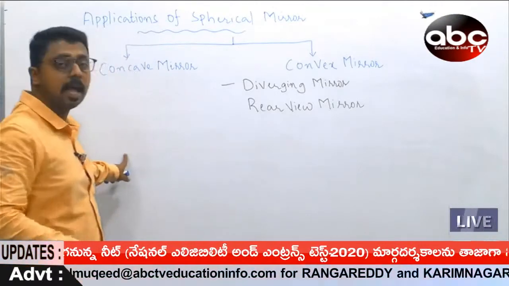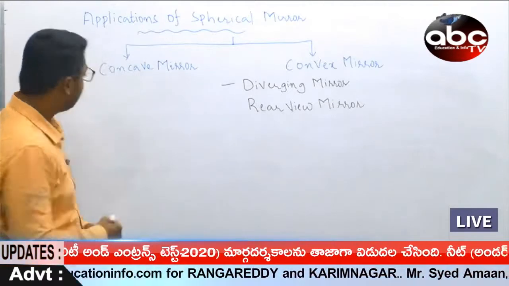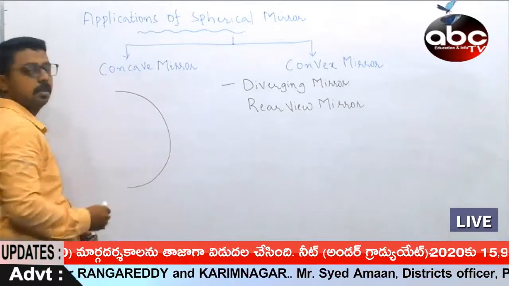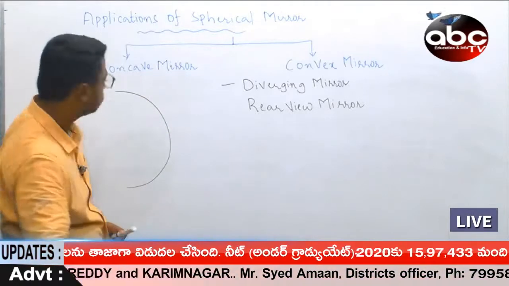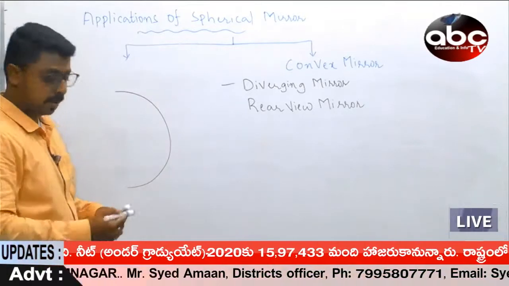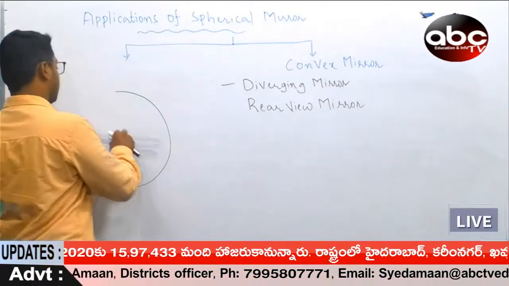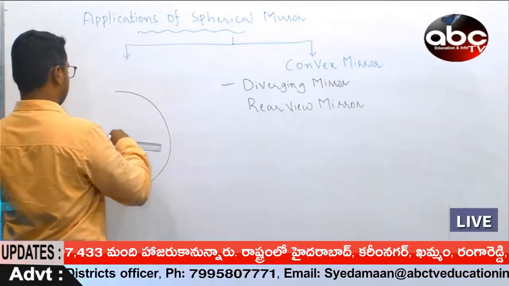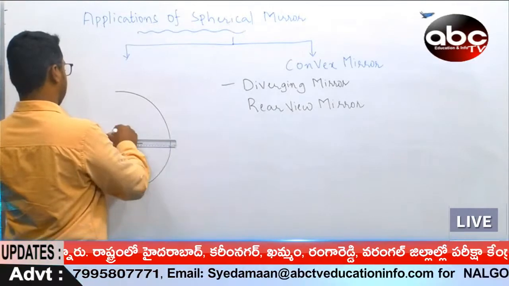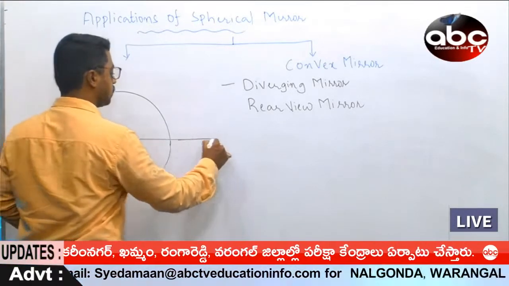With the help of a ray diagram I will draw and show you. First let me take a convex mirror. Naturally we are going to obtain a principal axis.